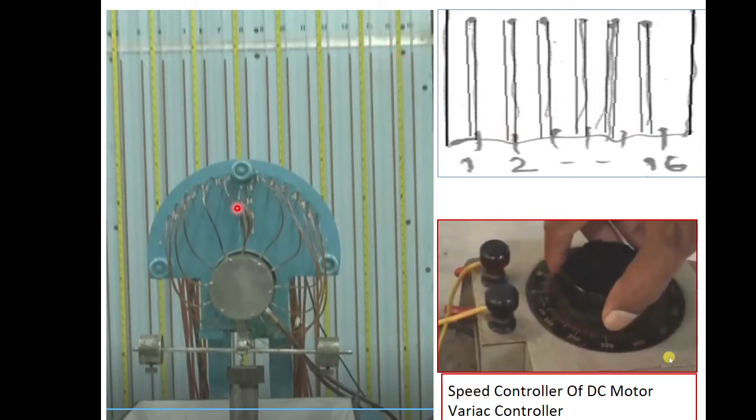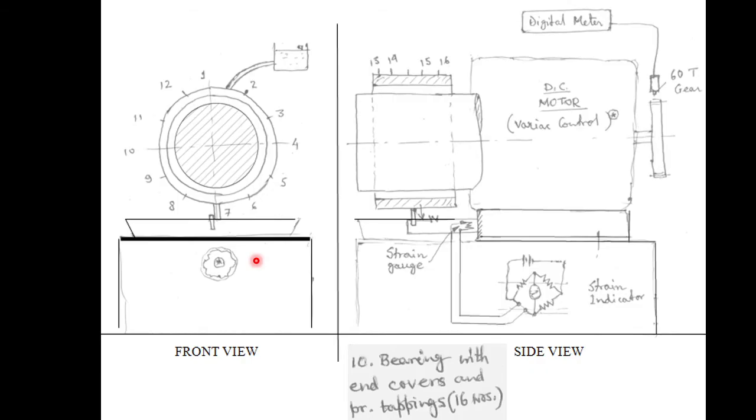Out of this, 1 to 12 is for different angular locations, and then there are 13, 14, 15, 16 as well as this 1. It is in this direction, so we have 5 tappings in axial direction. This is just to observe whether pressure distribution is uniform or not.